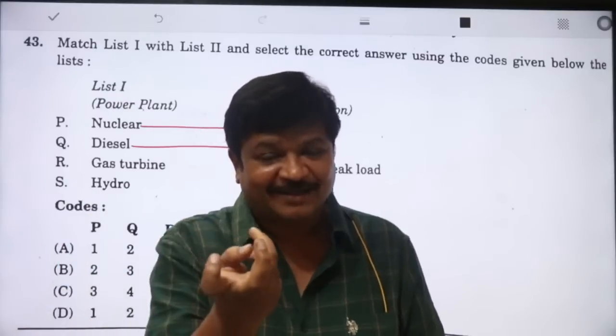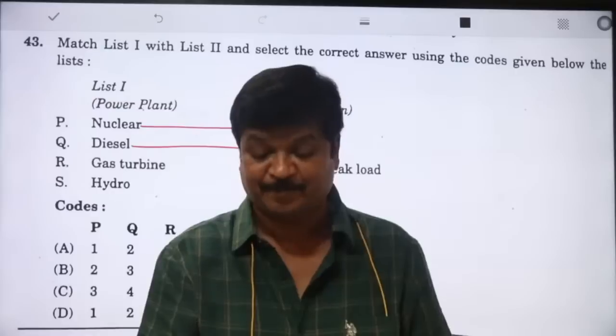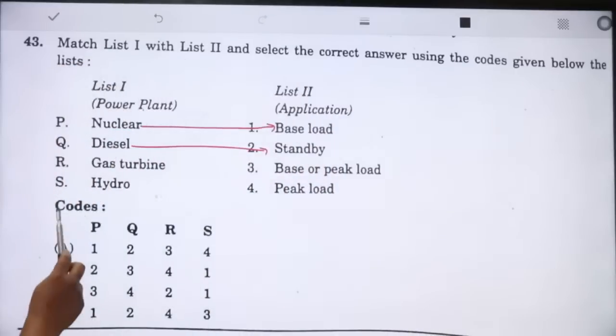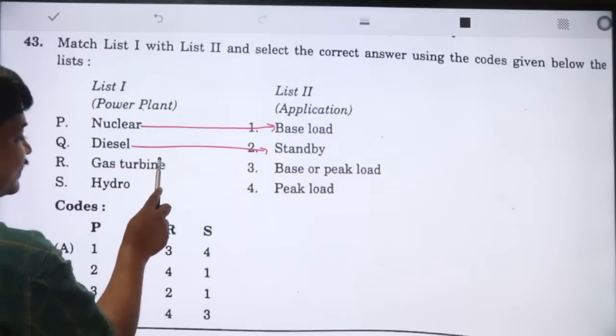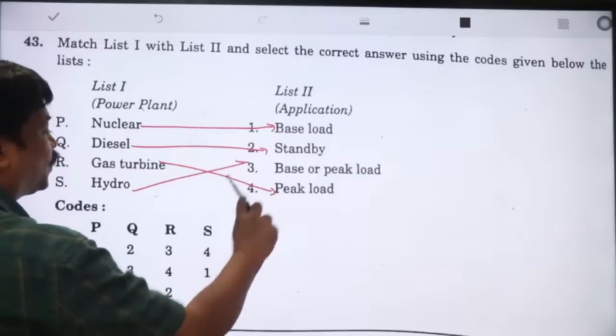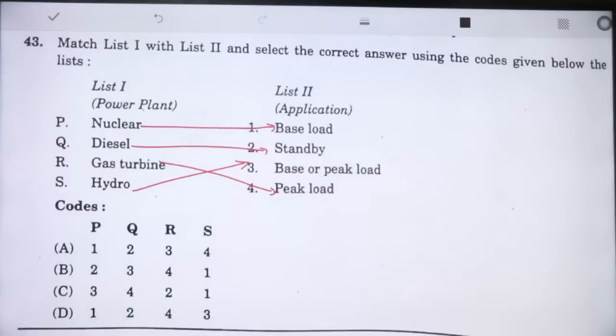They start the generator. That's why standby. And gas turbine is peak load. Hydro is both base load and peak load. So the answer is 1243, answer D for this one.